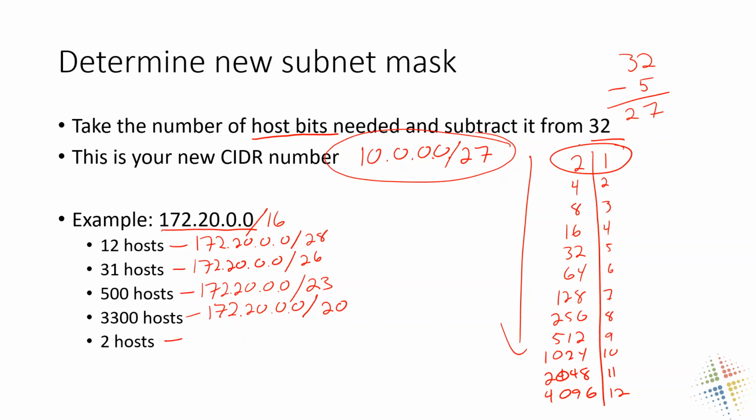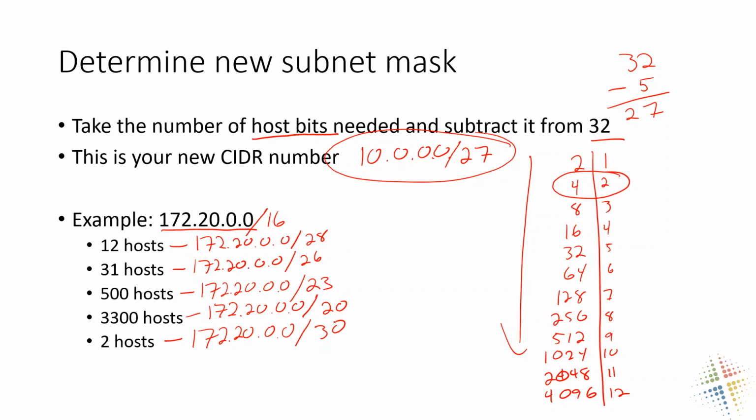So 2 hosts is not 2 addresses. 2 hosts is 4 addresses, which is the next line right here, which is a 4. Which means my network size is 172.20.0.0 / 32 bits minus 2 is 30.